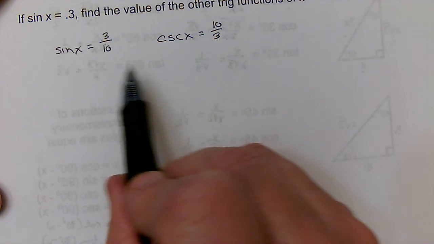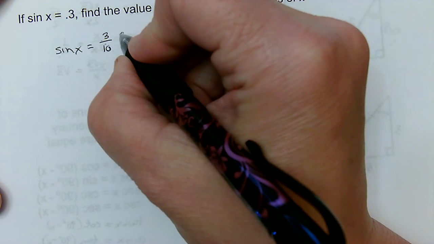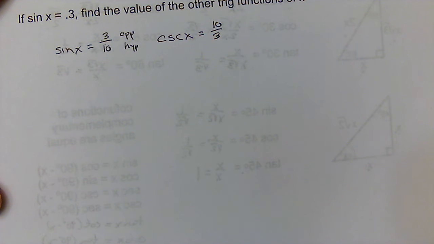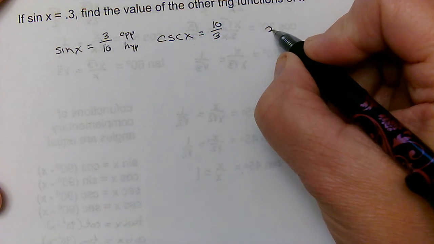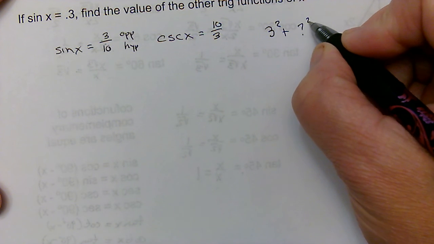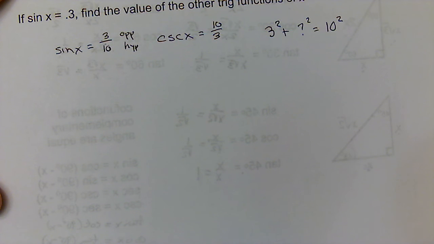Now, I don't know the hypotenuse. Well, I can think of this as the opposite over the hypotenuse. I don't know that my opposite was exactly 3 and my hypotenuse was exactly 10, but I can think of that as a similar triangle that has the same ratio. So that means I can say, well, 3 was one of my legs, and I don't know the other leg, but when I square those and add them together, I should get the square of the hypotenuse.